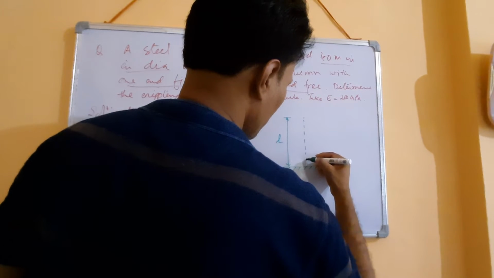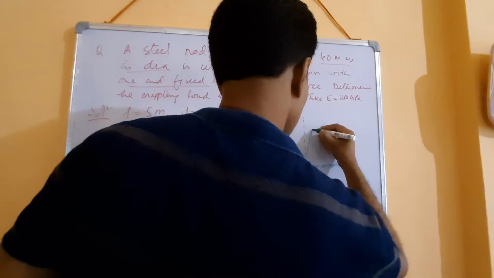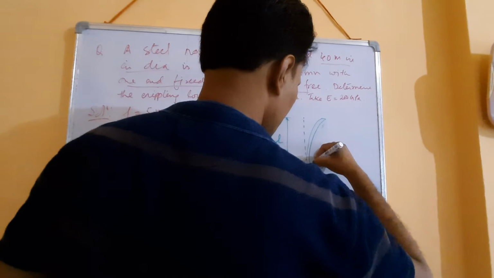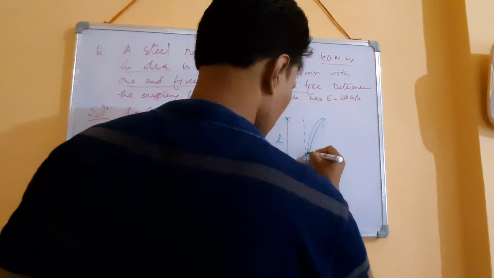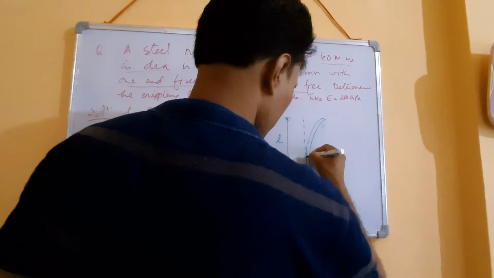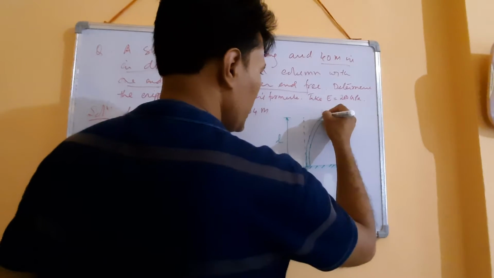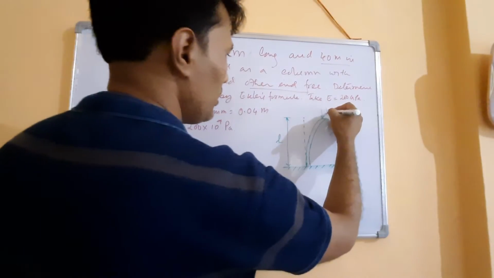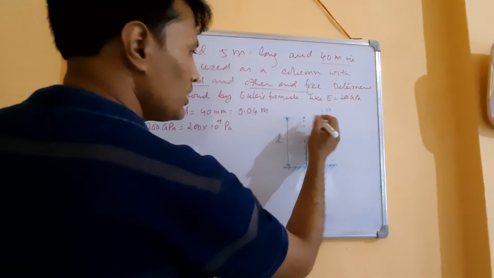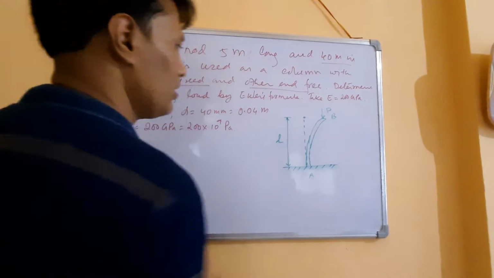So this is the condition. So rod will bend like this. Okay, and load is given here. This is P. This is your free end. This is fixed end. Suppose this is A and this end is B.